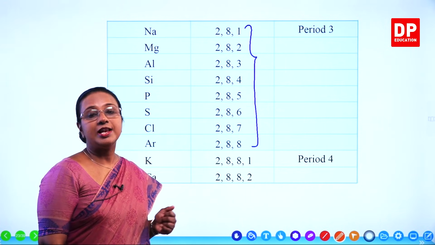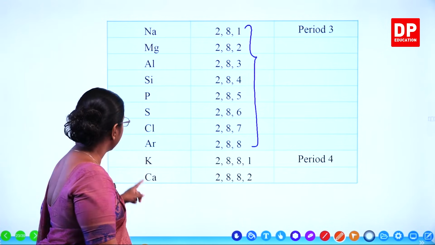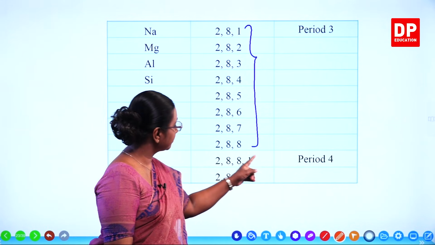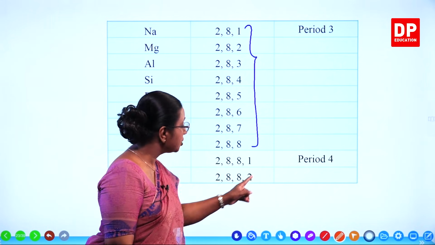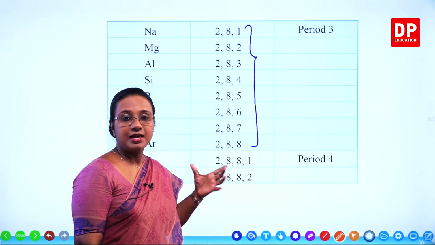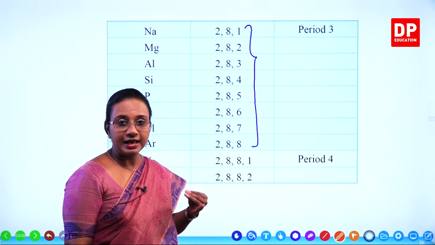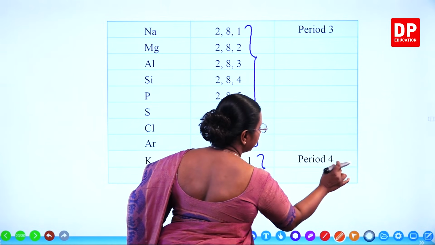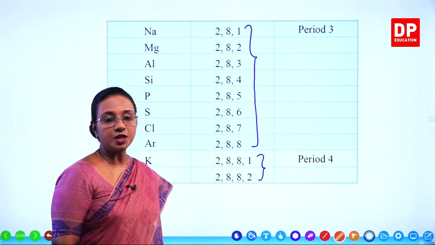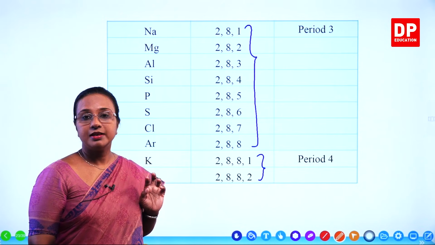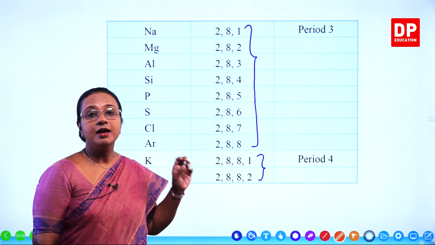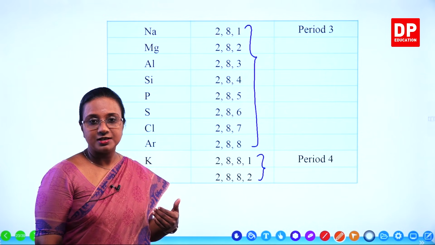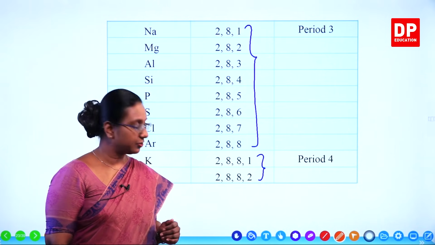And the last two elements that we should know, potassium and calcium. They have electrons in the first 4 energy levels, K, L, M and N. Then they go to period 4. So this is the relationship between the period number and the number of energy levels containing electrons.